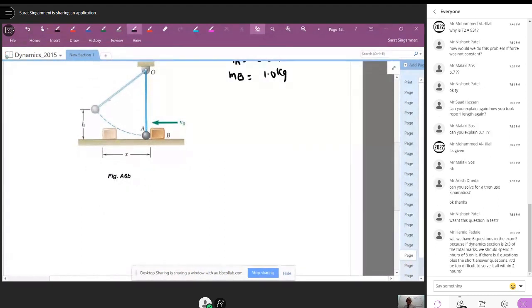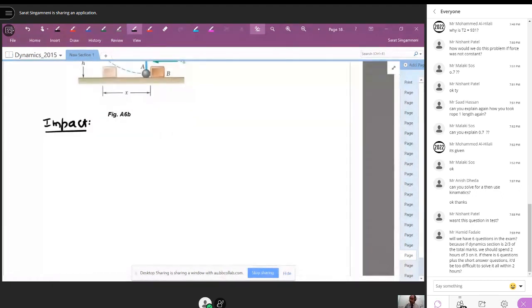First, you need to analyze the impact. So from the impact, we use two equations. One is principle of conservation of momentum: mass of A, velocity of A at the start, plus mass of B, velocity of B at the start, equal to mass of A, velocity of A after collision, plus mass of B, velocity of B after collision.